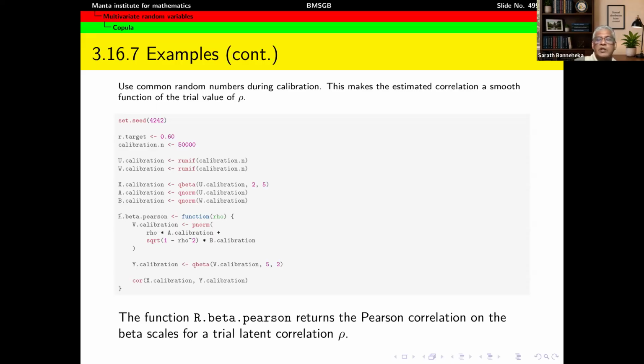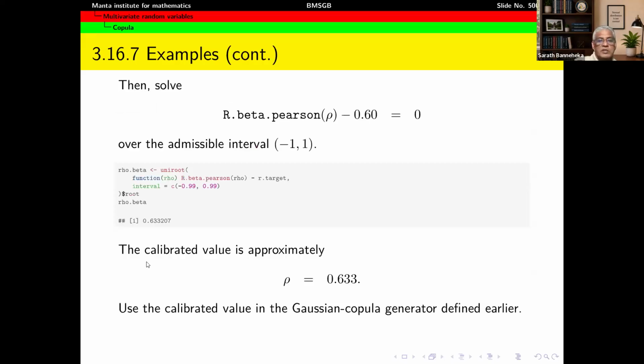This function I have named R beta Pearson. You can call it whatever you want. So Y calibration will be Q beta of the V calibration with parameters 5 and 2.